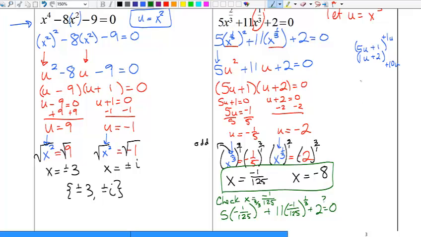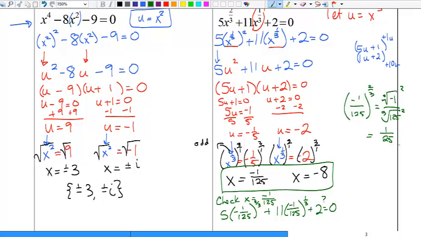Okay, so I need to work out the negative 1/125 to the 2/3, which is the cube root of negative 1 squared over the cube root of 125 squared. The cube root of negative 1 is negative 1, and negative 1 squared is positive 1. The cube root of 125 is 5, and 5 squared is 25.